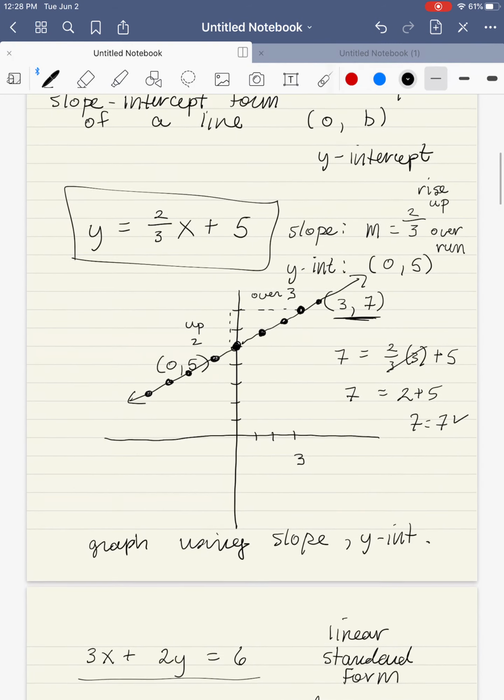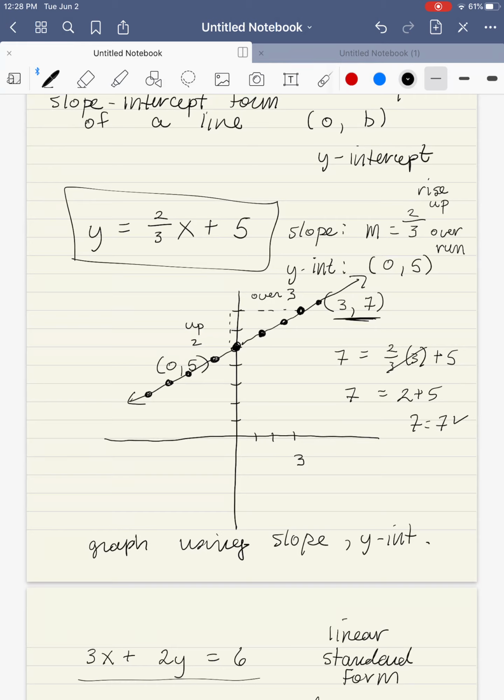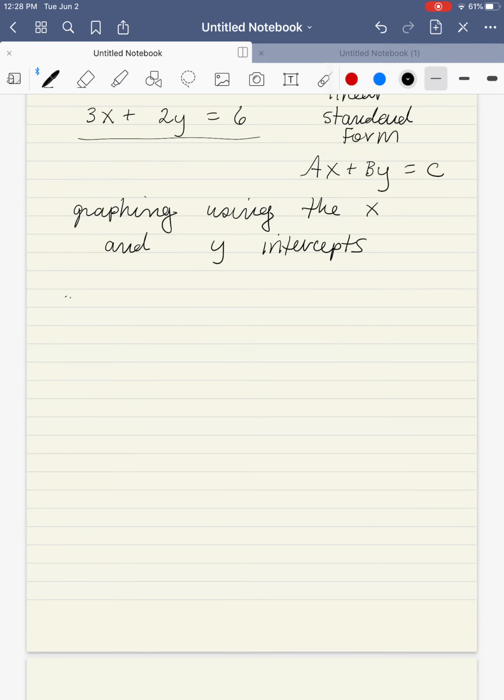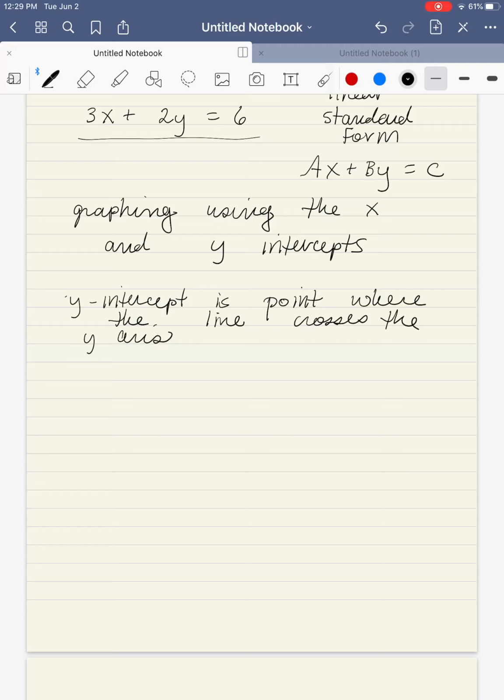And remember we talked about the y-intercept on this previous graph was where the graph of the line crossed the y-axis. So the y-intercept is the point, the ordered pair, where the line crosses the y-axis.